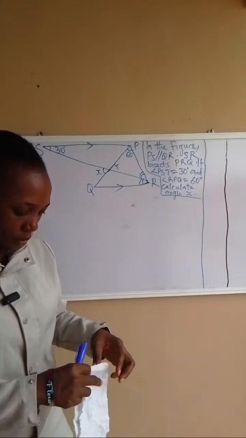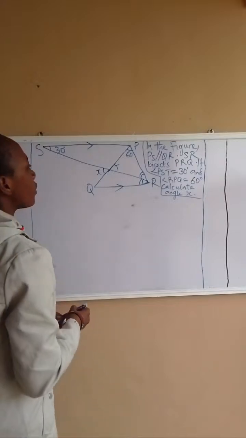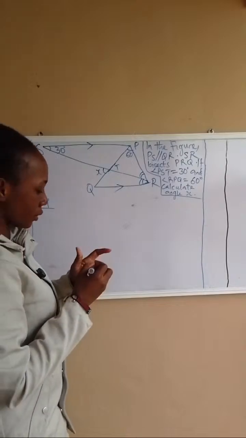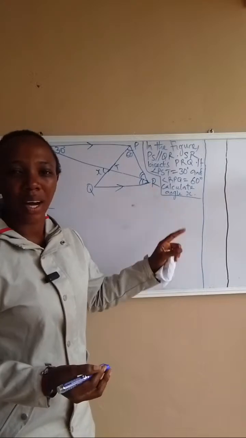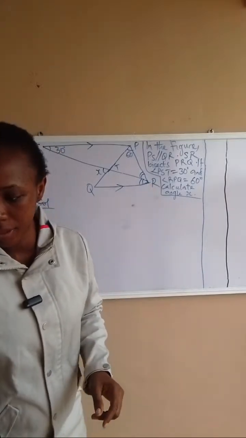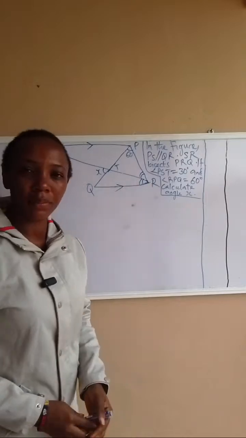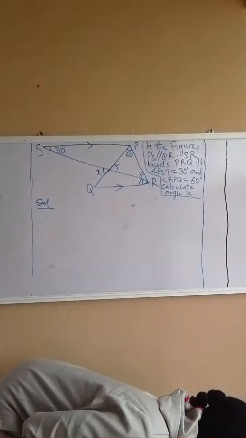So with this question, solution. This angle is divided, bisected equally. So whatever is here is what is here. Are you getting it? Whatever is here is what is here.